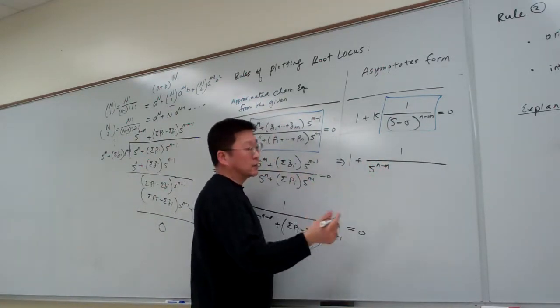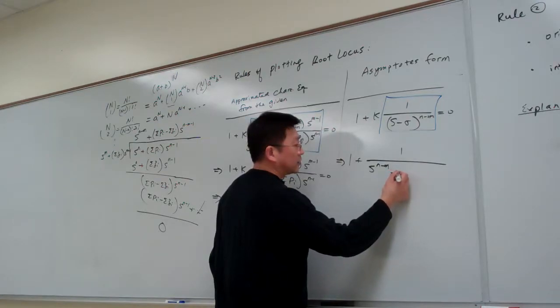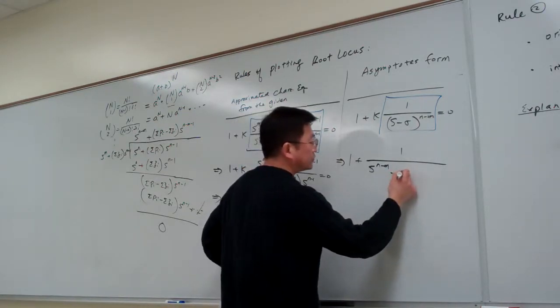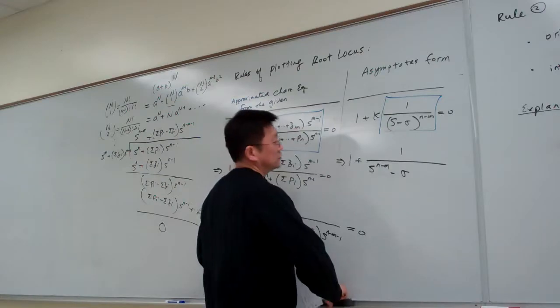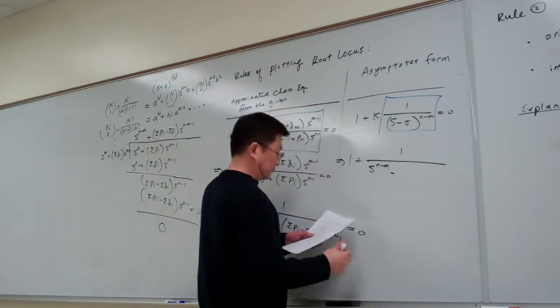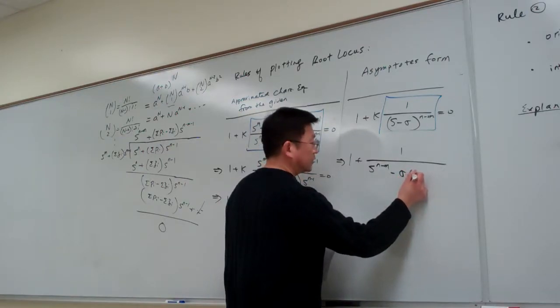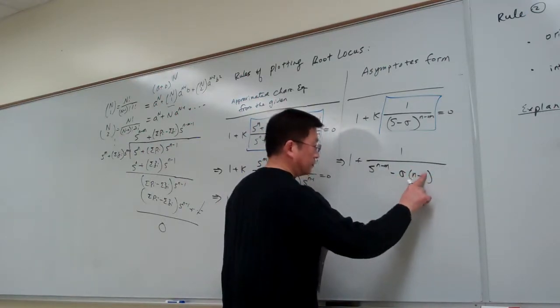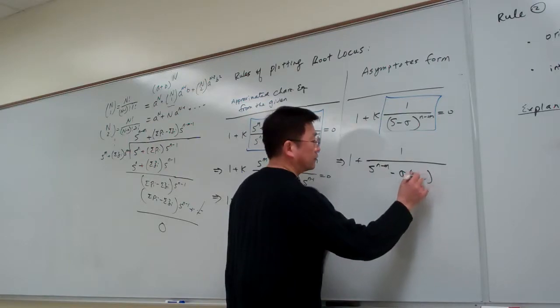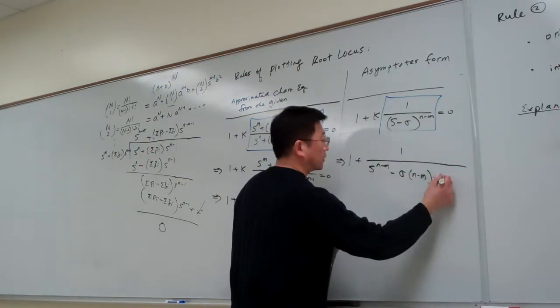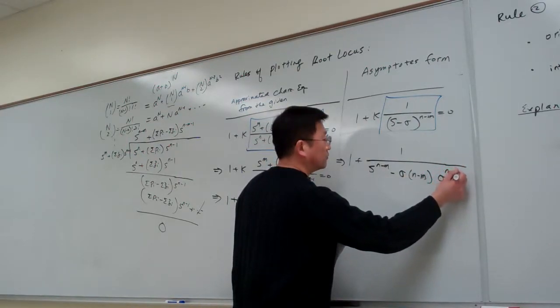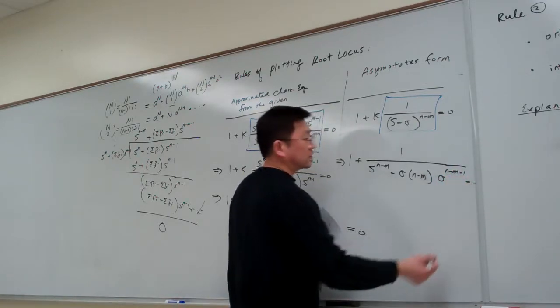If you want to expand it, you can do it. So basically that is minus sigma times n minus n and times sigma n minus 1 and plus the lower order term.